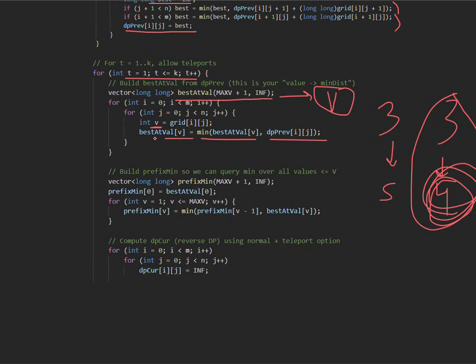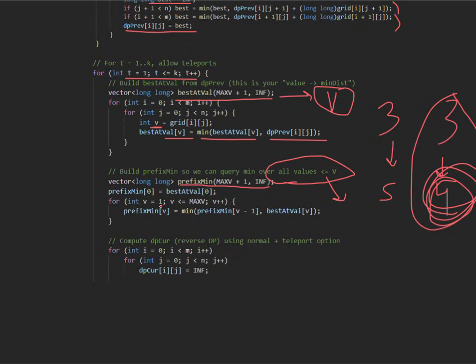We stored this, but then we have to check all the values less than or equal to v. For that we have to store prefix minimum, else the time complexity will be too big. So prefix min of 0 is equal to best initially.